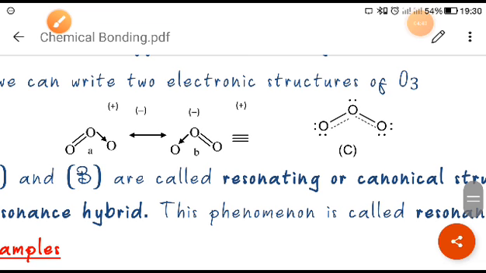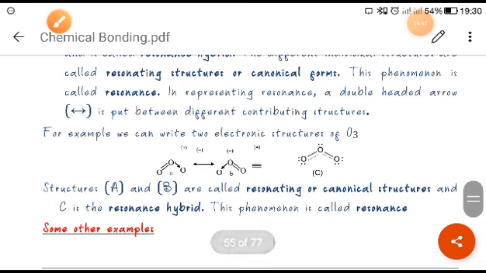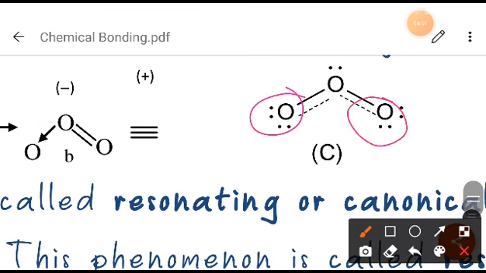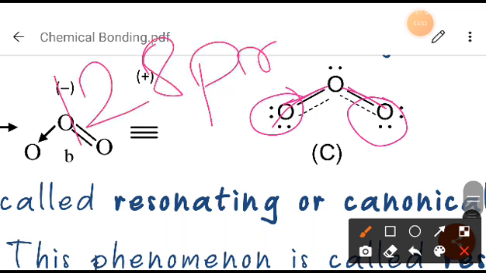So what we can say is that the oxygen to oxygen bond length in the molecule is the same for both the bonds, which is 128 pm.